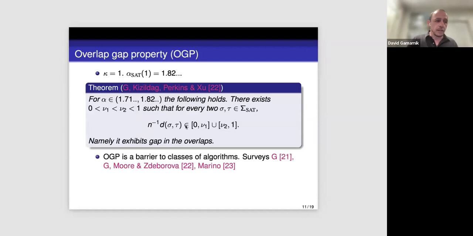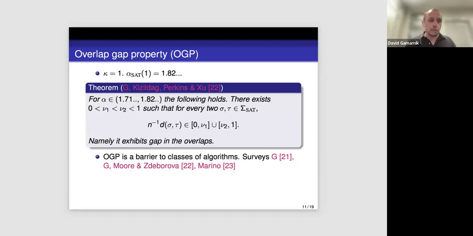Well, the key thing about this is that this type of property, the overlap gap property, is a provable barrier to classes of algorithms. And some classes of algorithms, I'll talk about that. And the key question is whether this class includes the earlier algorithms by Bansal and Spencer and Kim and Rush, in other words, algorithms which are successful. So presumably, right.